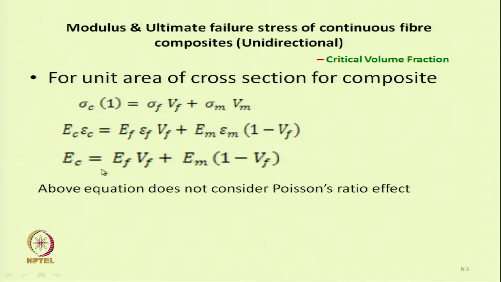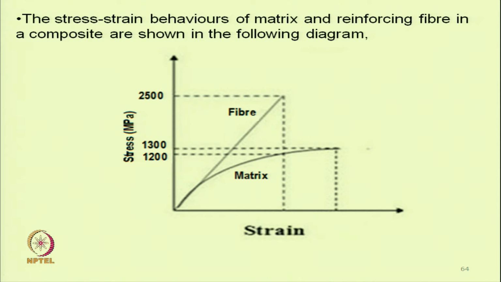Here in this equation, Poisson's ratio is not considered. Now, we will take the example of two situations. One is the composite with the ductile matrix, another is with the brittle matrix.